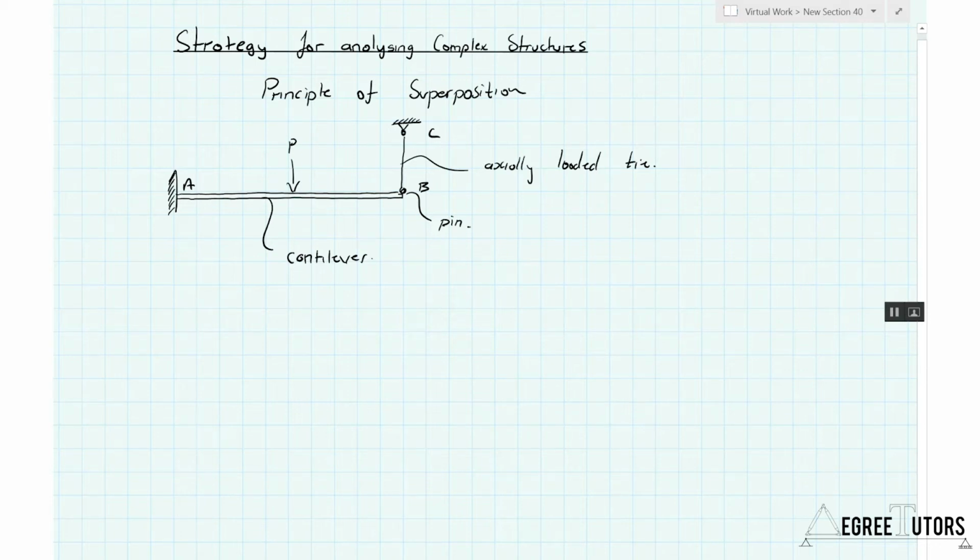The fact that we have a tie at C means that there's only going to be a vertical reaction force generated at C. Okay, so there's no horizontal force coming onto the structure, and it's a vertical tie between C and D. And so the only force that can be applied at C is a vertical force downwards along the line of that tie. And so that means you're never going to have a horizontal reaction at C, and for that reason, there are 4 unknown reactions in this case, and so it's statically indeterminate to 1 degree. Let's just make a quick note of that.